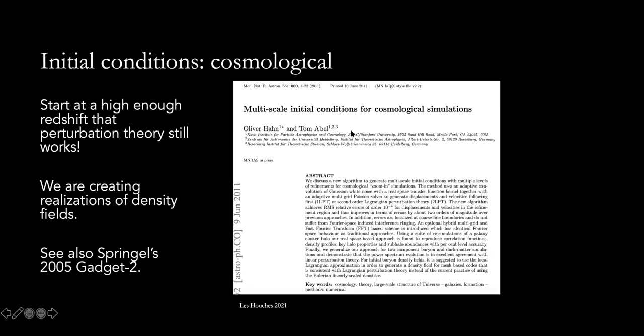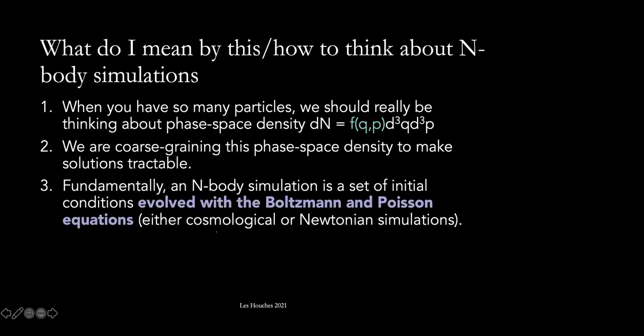One of the common initial conditions software packages that people use is this one by Oliver Hahn and Tom Abel called Music, but there are a number of other initial conditions codes that you can use. So those are the initial conditions. You have to decide if you want to run a staged Newtonian simulation or if you want to run a fully cosmological simulation.